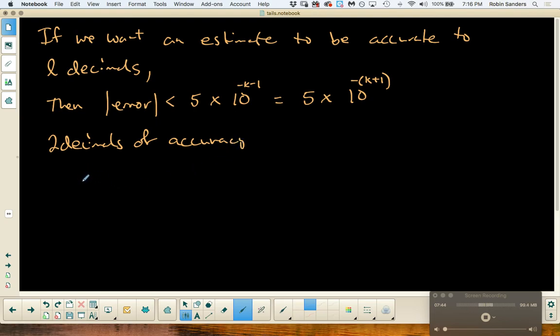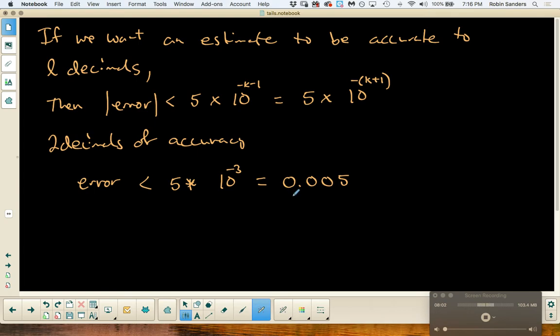then I want the error to be less than 5 times 10 to the minus 3, and that would mean I want my error to be less than 0.005. If my error is less than 0.005, then the estimate and the actual number will round to the same thing if I round to 2 places.